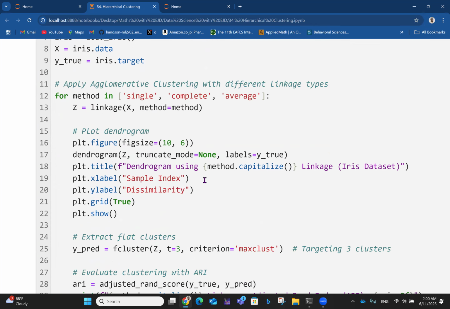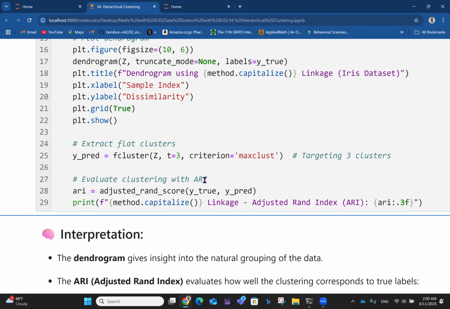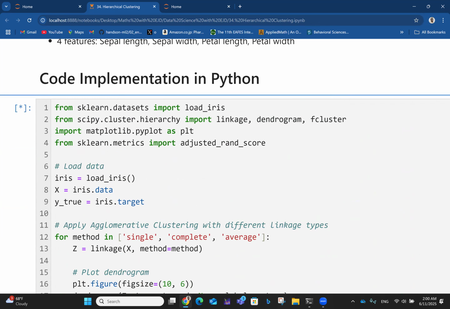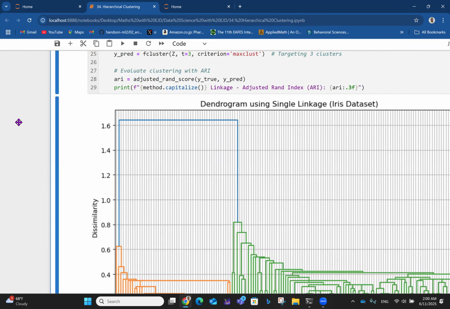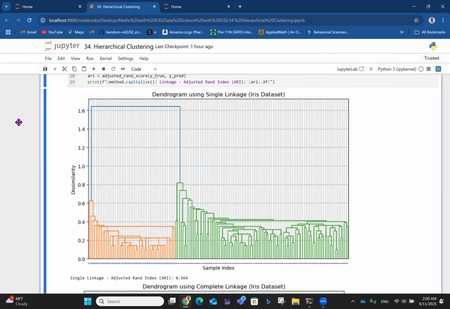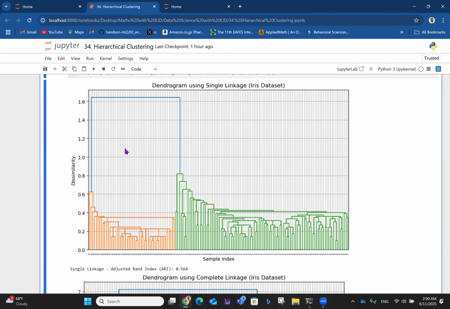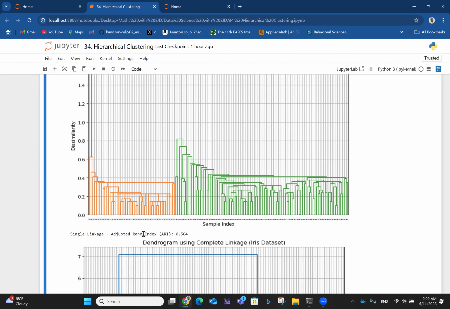So I run this now, and it takes a bit of time and we start getting the results. It's still running. When you see the star, it's running. And then the first one, we have the dendrogram using single linkage for the iris dataset. So we have it going this way, right? And in this case, the adjusted rand index, that's what's used in judging the hierarchical cluster, is 0.564.